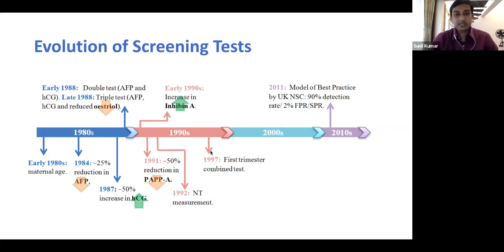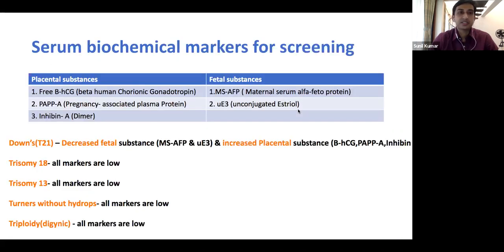In 1997, the first trimester combined study, ultrasound and blood test, was used to evaluate chromosomal abnormality. By 2010-2011, a model of best practice by UK NSC was formulated with a 90% detection rate for these screening tests.